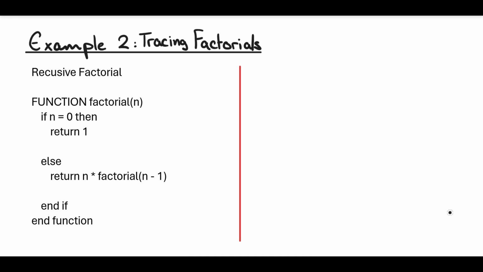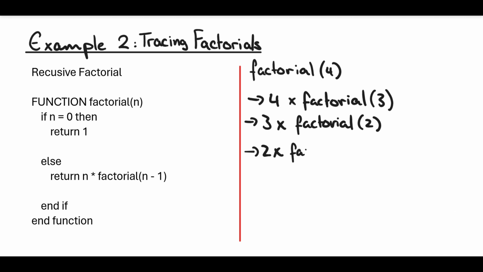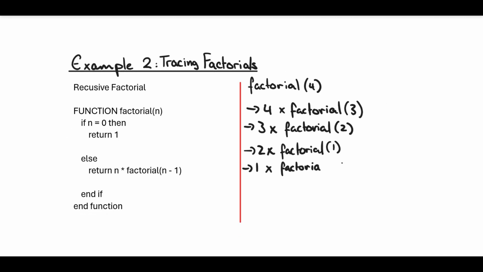So let's trace. Supposedly we did factorial 4. This would become 4 times factorial 3, and then this would become 3 times the factorial 2, become 2 times factorial 1, and this would be 1 times factorial 0.